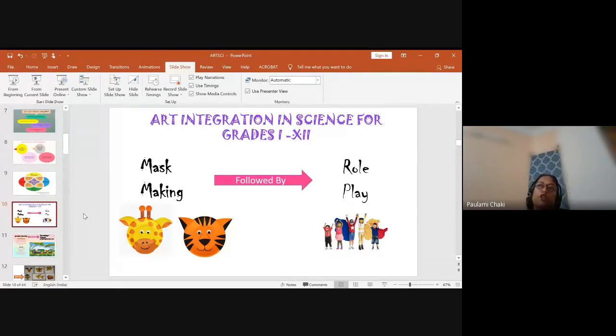I said, what you will do is you are going to role play. I will give you just 1 minute, and let me see what you want to be. If you are a plant, which part you want to be. And thus, a very beautiful session was organized. And then I included this, because at that time the CCE pattern was there, as one of the activities later on, because it happened to be a huge success.